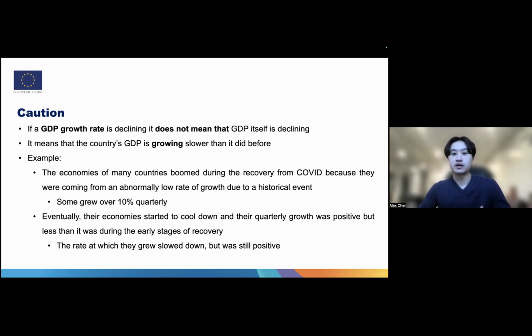The economies of many countries boomed during the recovery from COVID, because they were coming from an abnormally low rate of growth from that historical event, and some grew even 10% quarterly. But eventually, as they recovered, their economies started to cool down and their quarterly growth was positive, but obviously less than it was during the early stages of recovery. So the rate at which they grew slowed down, but was still positive.